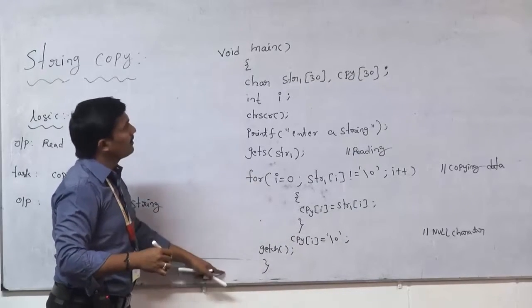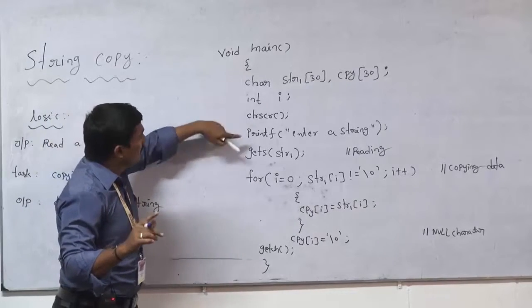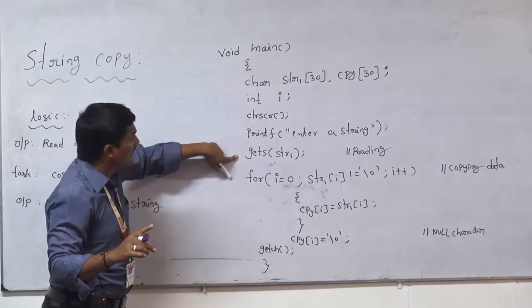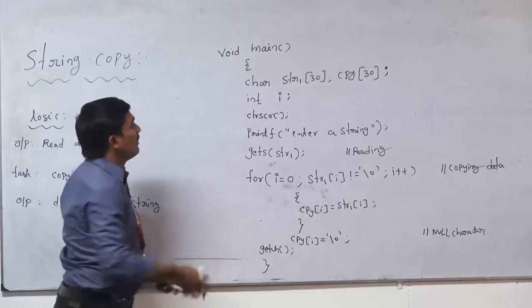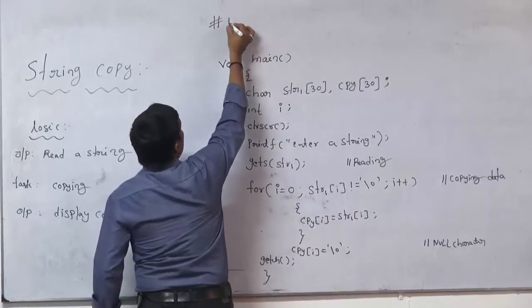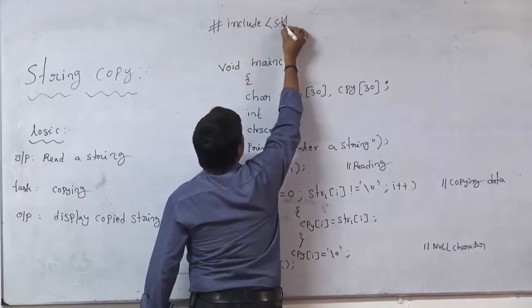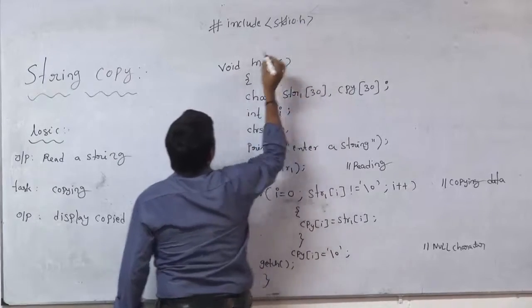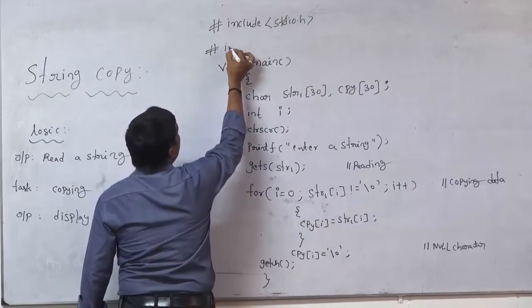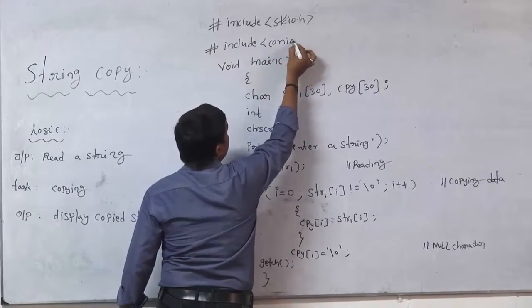Within the whole program, how many predefined functions are we using? One is printf, another one is gets, and getch. Just include those functions. All input output related functions are added from stdio.h. Similarly, your CLR, SCR is related to conio.h.